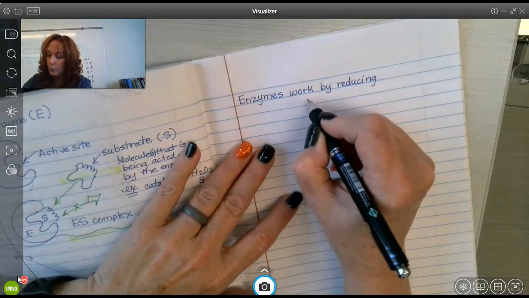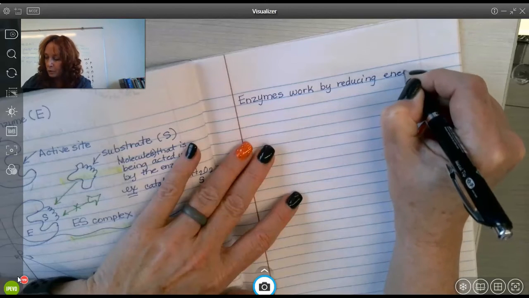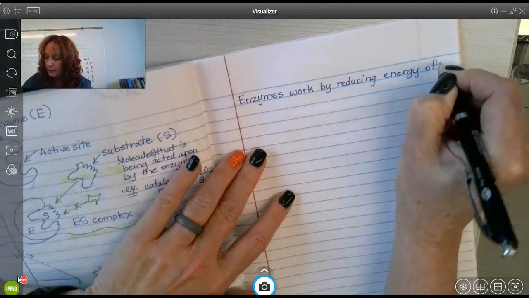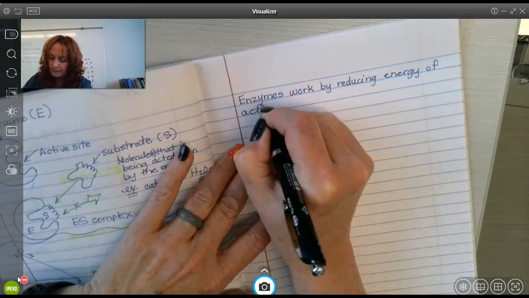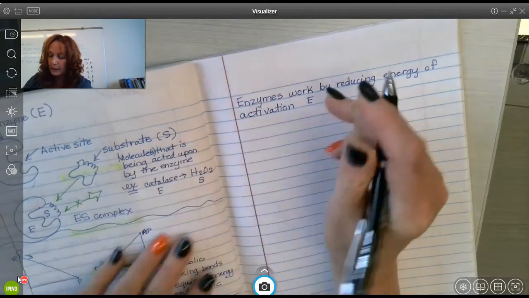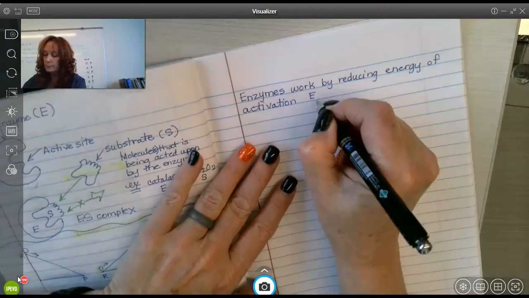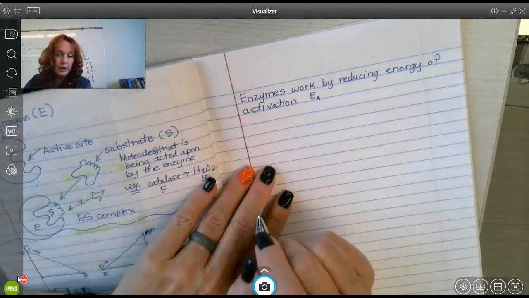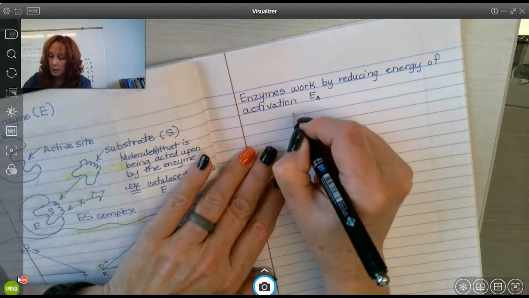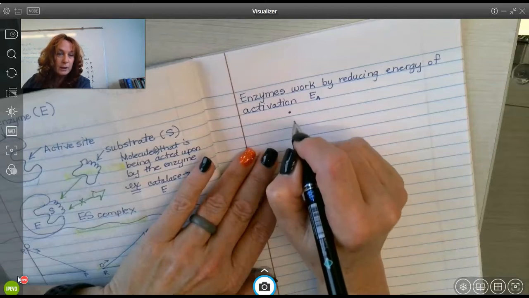So enzymes work by reducing energy of activation, which was the whole point of this question, which is E sub A, and if you don't know, it's right here. And here's how they do that. This is for reactions that would normally occur.